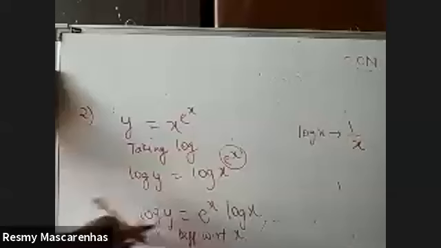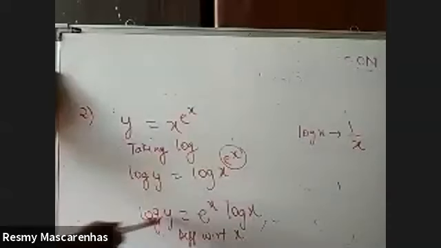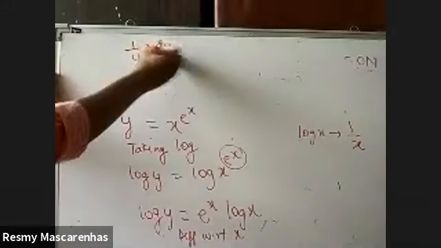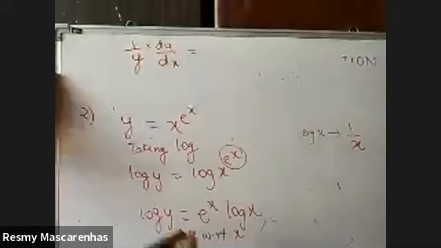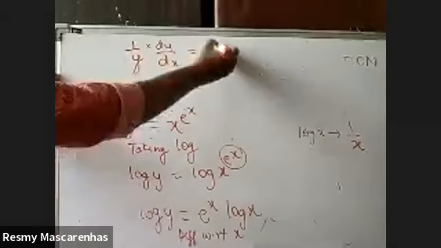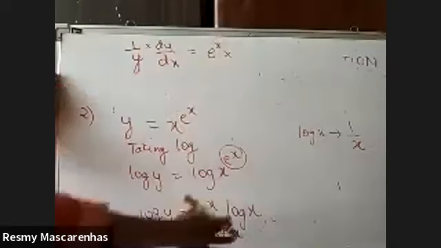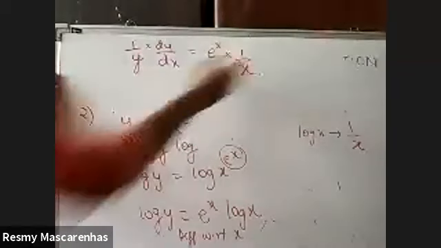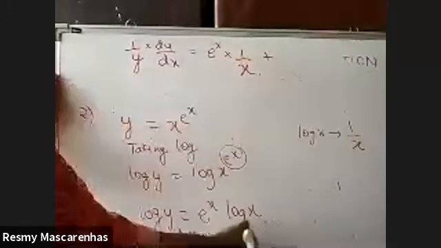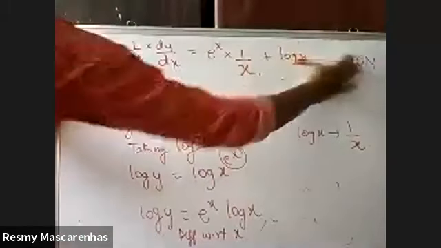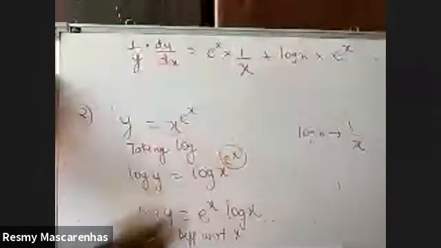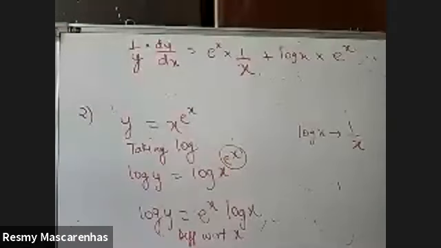When you take derivatives, everywhere it will follow the same. The derivative of log y is nothing but 1 upon y into extra dy by dx. This is u and this is v. u into v rule. u into derivative of v, 1 by x, plus v you write as it is. What is the derivative of e raised to x? e raised to x only. Okay, so that will be our answer.